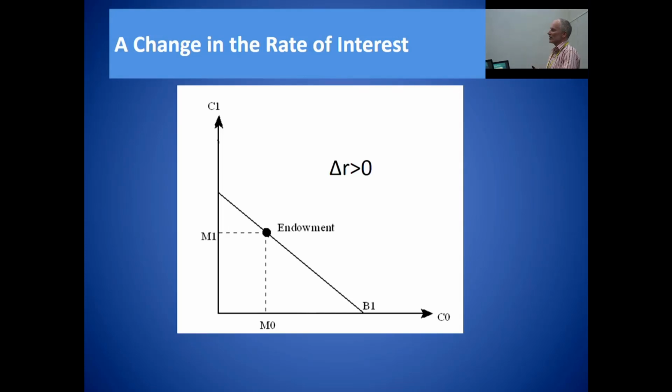So, for an increase in the rate of interest, we said that three things will happen. Firstly, we said the future value will go up. So the future value of the endowment, which is there, on the far left of the budget constraint, increases. Rate of interest goes up, the return you get on savings increases. We also said that the present value of the endowment, that point on the far right, will fall.